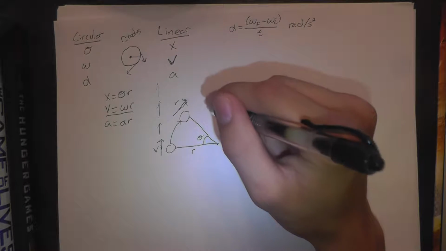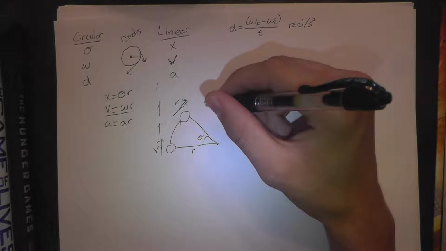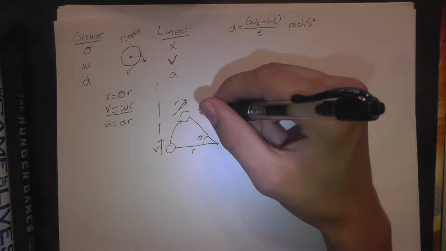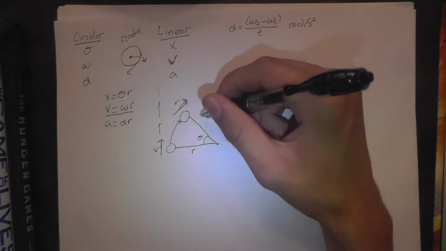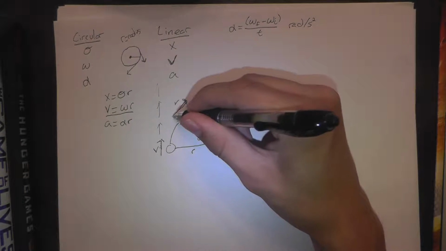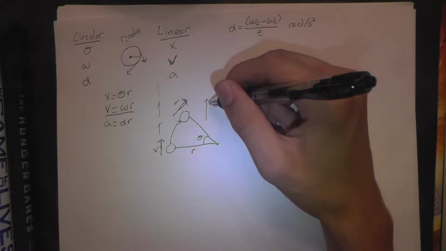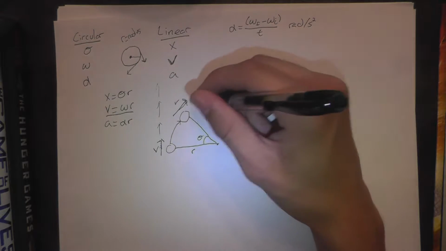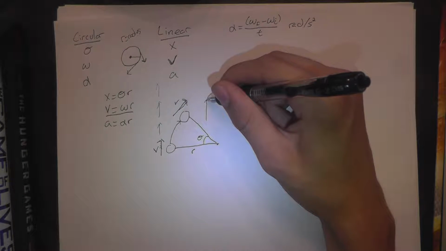So if we take these two vectors and we add them, yeah, that's right, I said it, we're going to add them. If you remember the rules of vector addition, we need to take the tail of this vector and attach it to the end of this vector. And because it's moving in a slightly different direction, we're going to negative it.